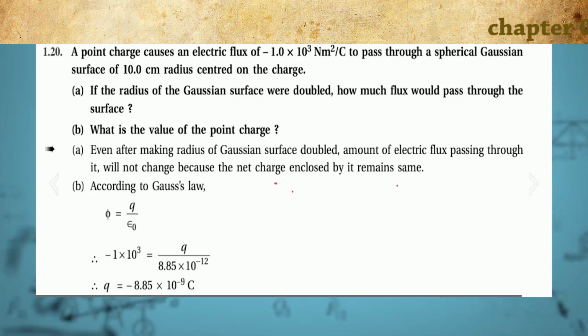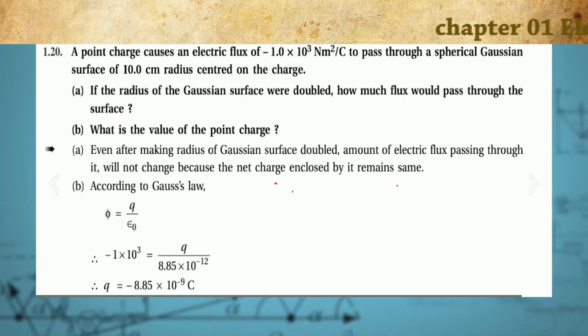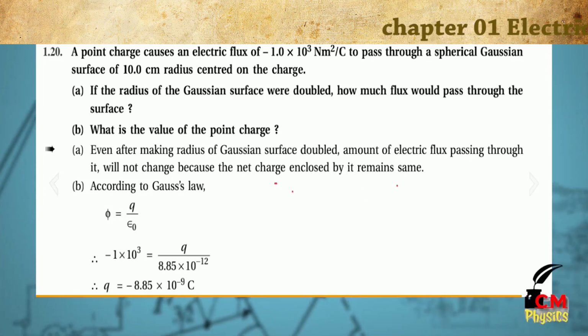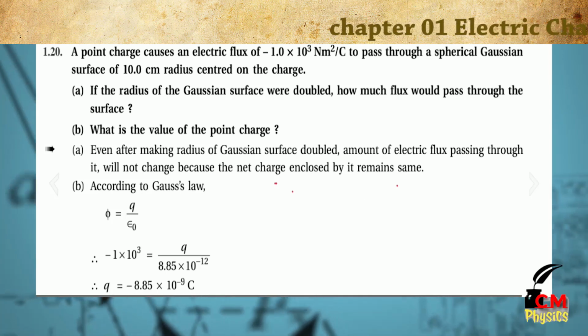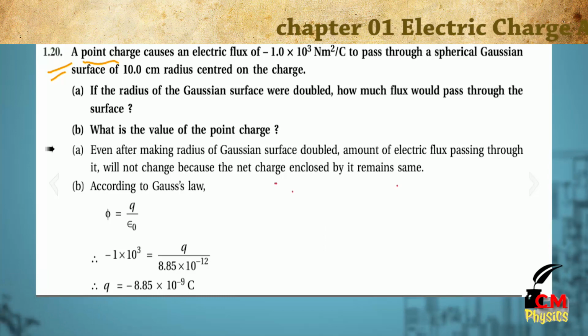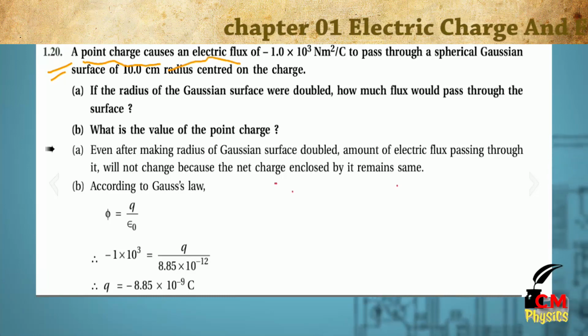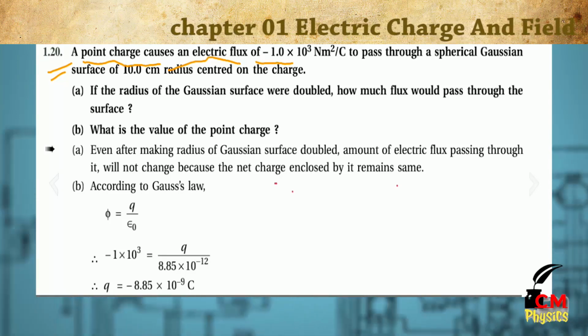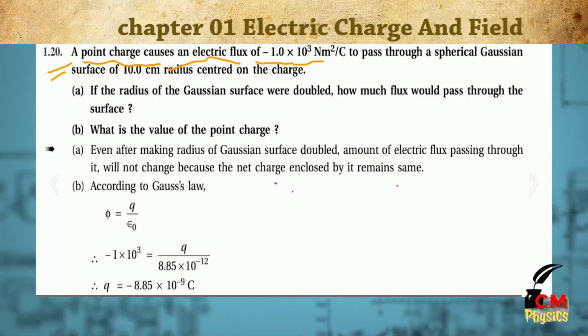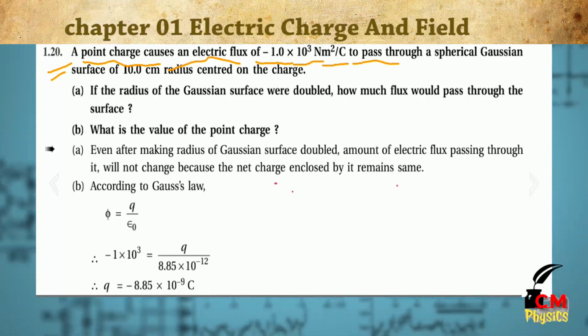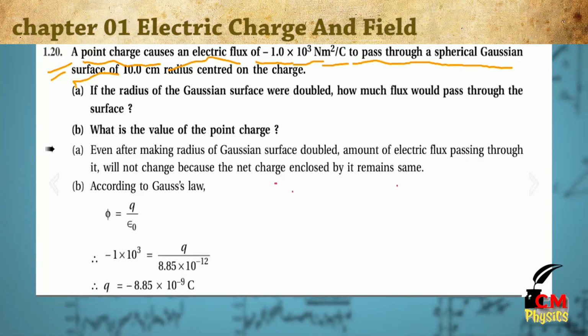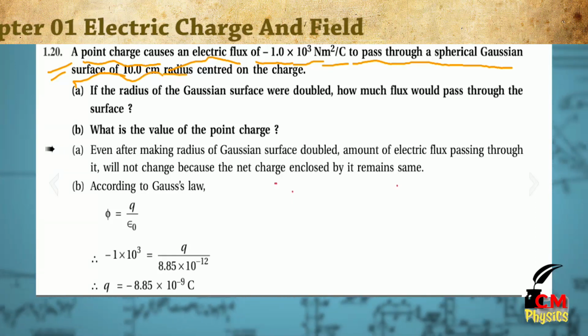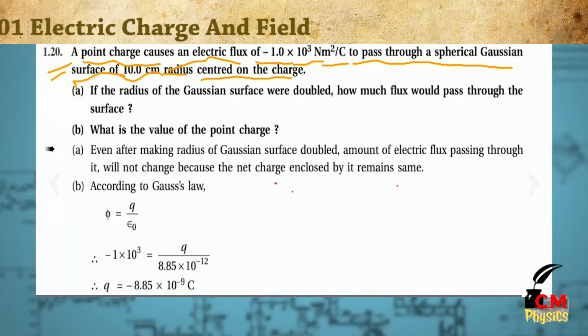Question number 1.20. A point charge causes an electric flux of minus 1.0 into 10 raised to 3 Newton meter square per coulomb to pass through a spherical Gaussian surface of 10 centimeter radius centered on the charge.